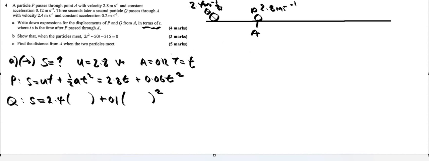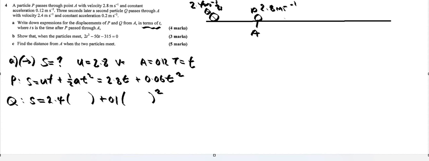Now, what we're trying to do is find out where they are at any instant. Okay, we want an instantaneous view of how far they've travelled. So now, t is basically the time that P passes A, and we want the time after P passed through A. Basically, Q doesn't pass A for 3 seconds.